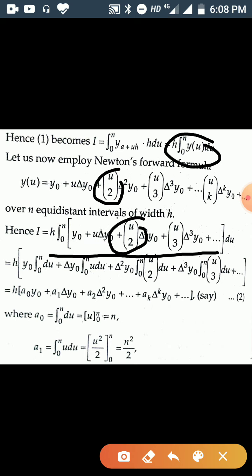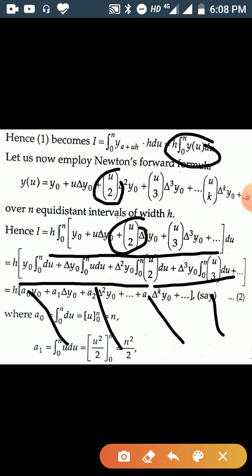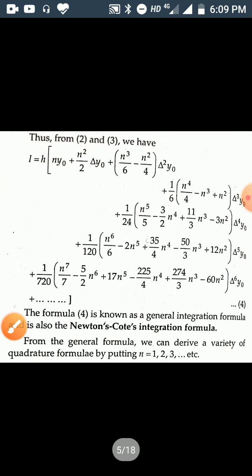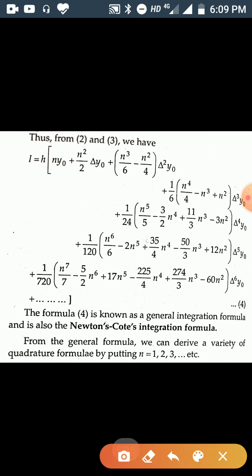So opening the bracket, h y0 plus integration 0 to n du plus delta y0 integration 0 to n u du, and so on. Just put the integration in each and every term. You just simplify the integration, like 0 to n du becomes u, and when we apply the limit 0 to n, we will get n. So after simplifying that, just simplify the integration.